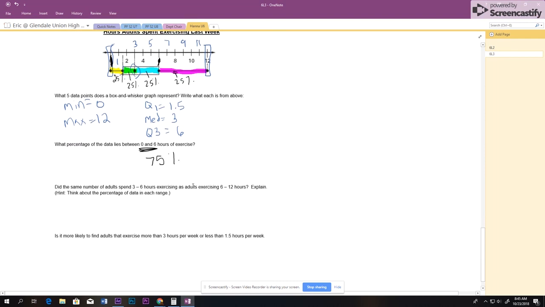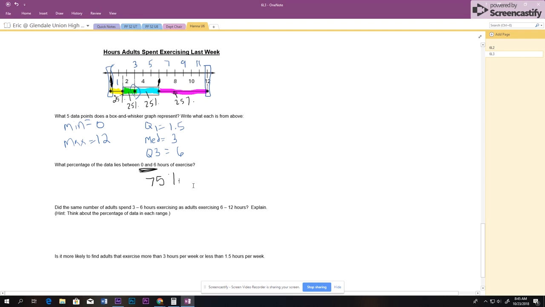All right, did the same number of adults spend 3 to 6 hours exercising as 6 to 12? Well, let's look. 3 to 6, that's this one to this one, so that's 25%. And 6 to 12 is another 25%.